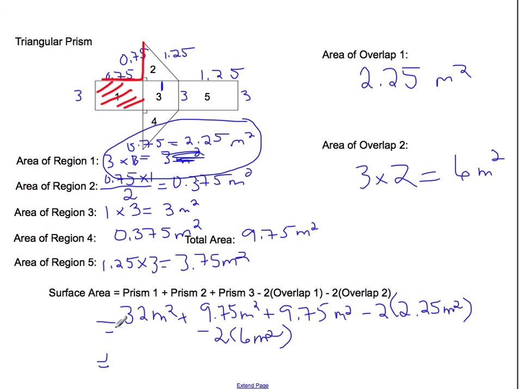So 32 plus 9.75 plus 9.75 minus 4.5 minus 12, and we get an area of 35 meters squared.